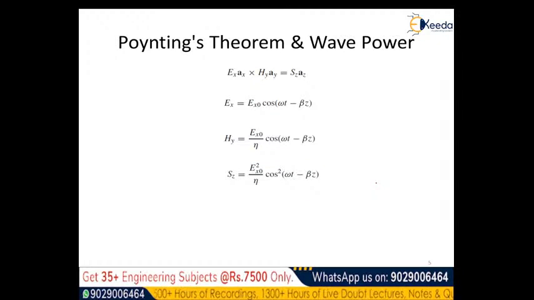If the dielectric medium is of the lossy type, Ex and Hy will not be in time phase, and thereupon we will have the representation of Ex as Ex0 into the exponential e to the power minus alpha z multiplied by the cosine of omega t minus beta z.